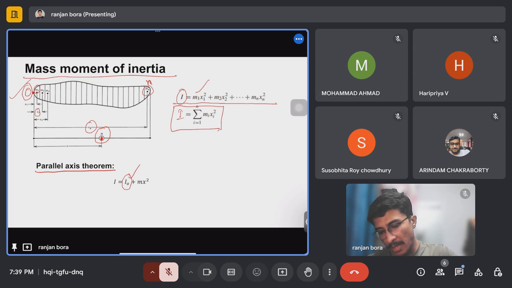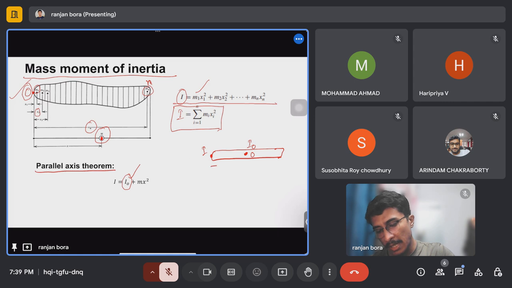So I will take another example. This is a body link, and this is the center of gravity of this link, and we want to find the moment of inertia about this point.